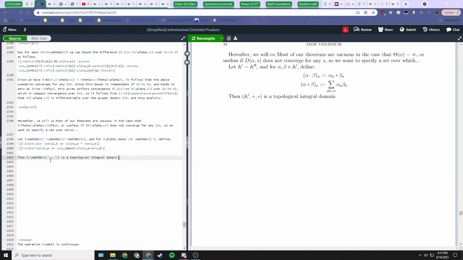Actually, as it happens, this integral domain is isomorphic to A with its own operation of plus and star, which is quite startling, to be honest. They actually end up being isomorphic, so you gain literally no information by doing this, or no complexity.